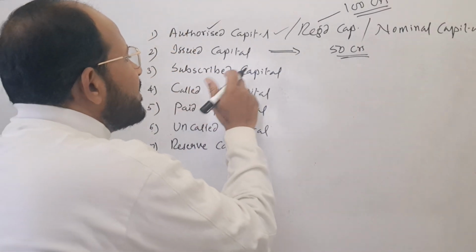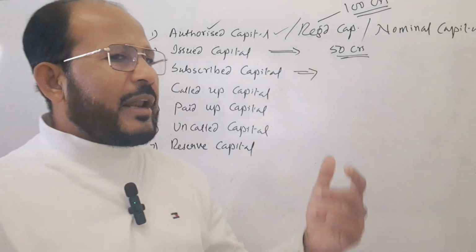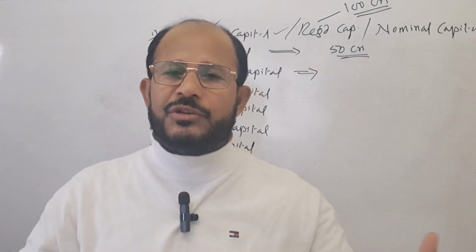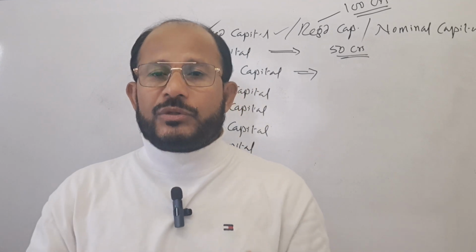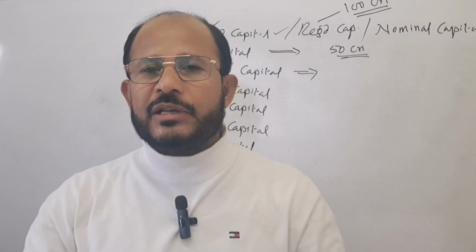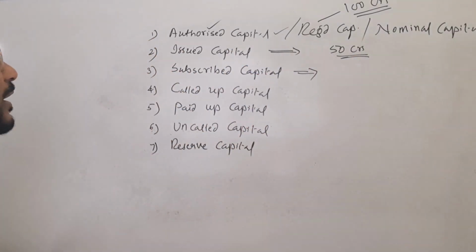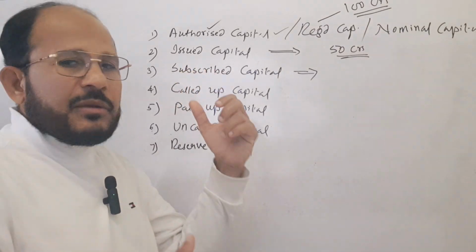Next one is, what is the meaning of subscribed capital? Okay, fine. Here, the board of directors or the company is interested to sell shares of 50 crores. But we can't say that the public will purchase all the shares, right? One thing you have to remember: subscription means purchasing.